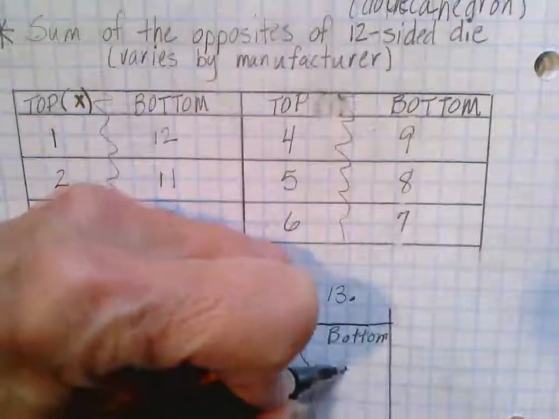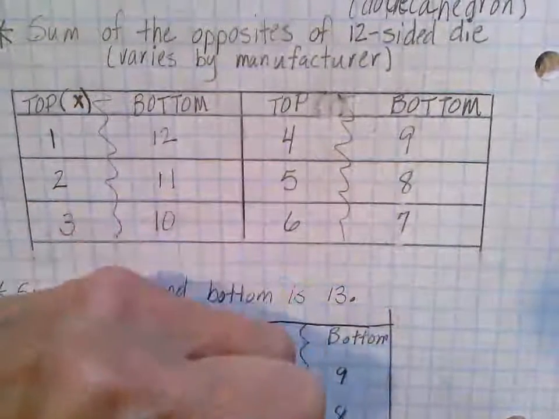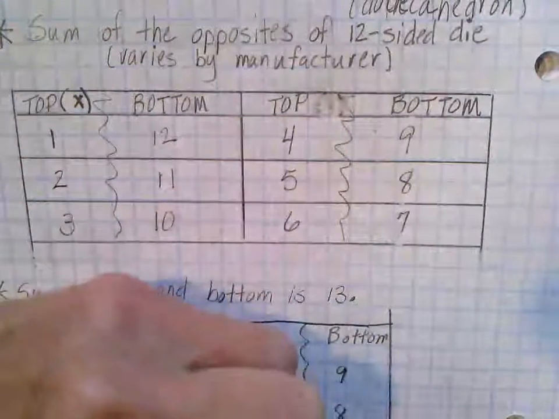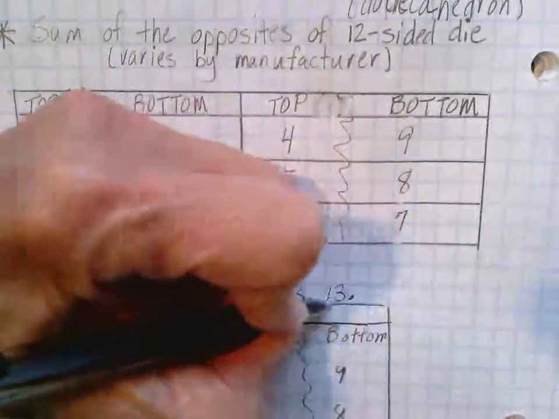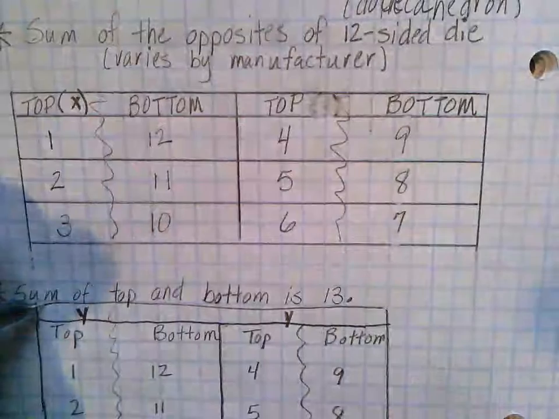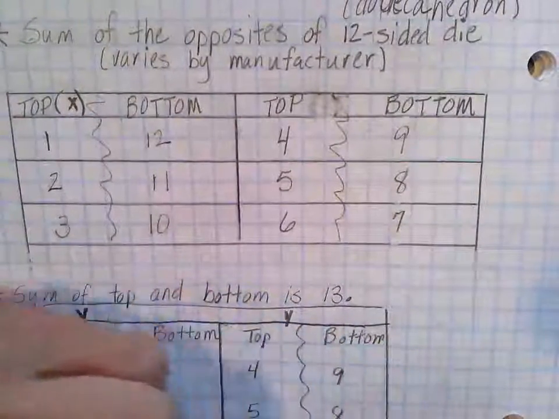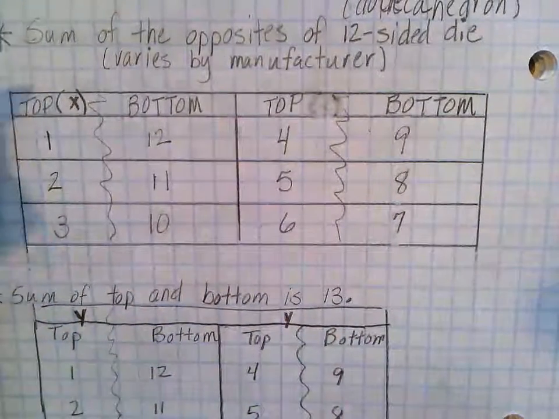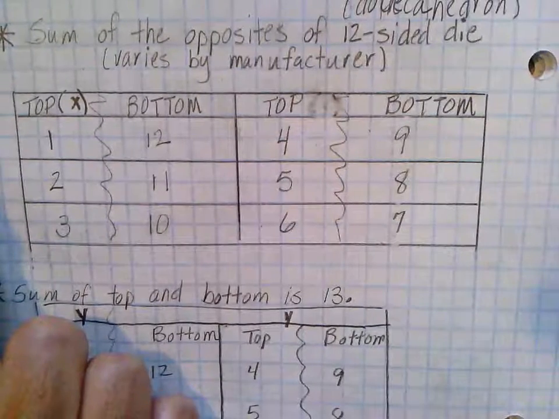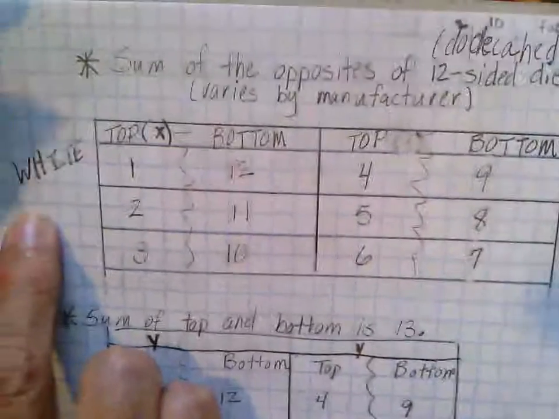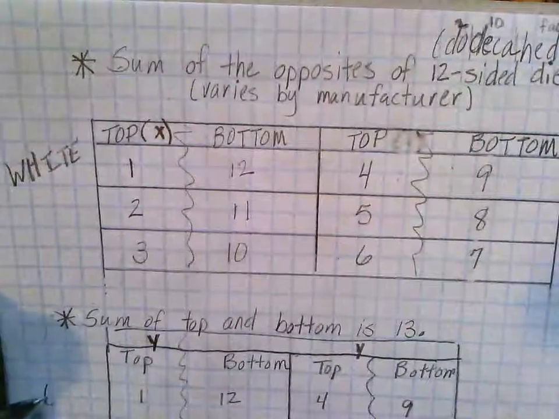The sum would be the same. These are just still going to represent the second dodecahedron. So again, if I had a white one and a green one.